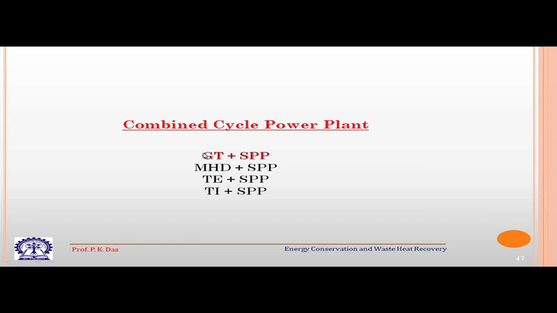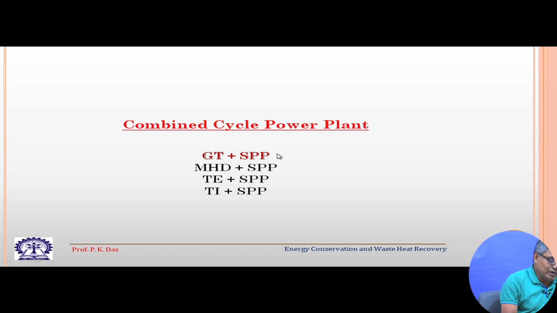This is the most successful combined cycle power plant, and all over the world in many places gas turbine plus steam turbine power plants are utilized, and we will find more and more use of this kind of combined cycle power plant in future, because of their high thermal efficiency. They are very efficient converters from thermal energy into work.